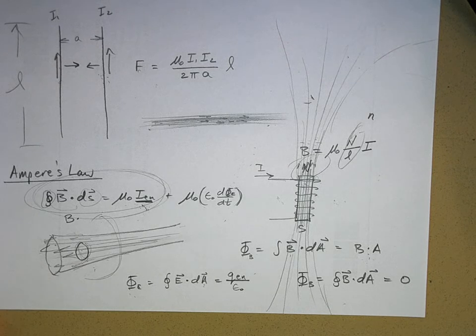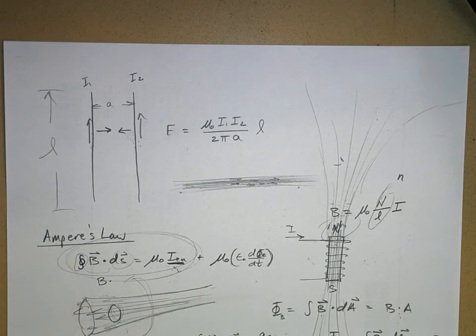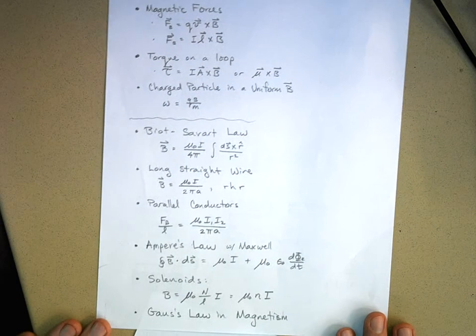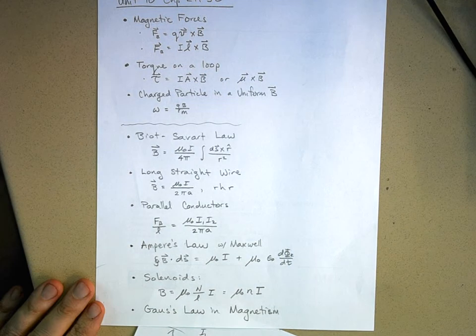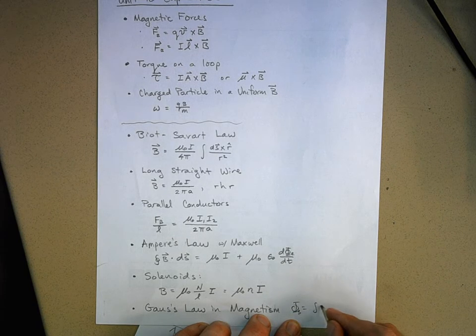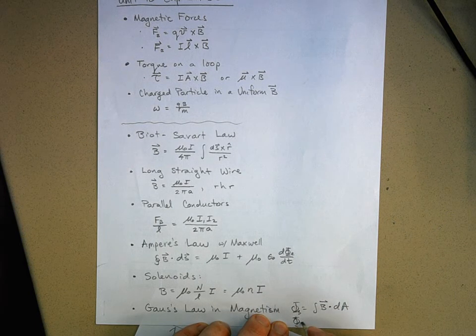Okay, that was a long haul. This is what I was using as a little bit of an outline, an equation list. I forgot to put this: magnetic flux for a closed surface, B dot dA equals 0.